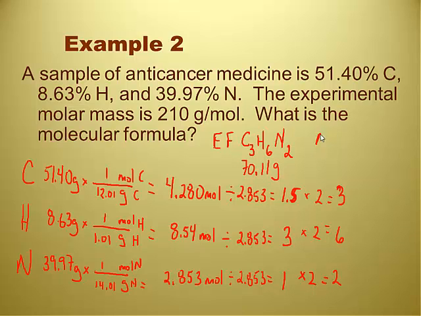Now, the me ratio, as you call it, should be 210, which is given in the problem, divided by 70.11. And I get 2.99529. That sounds like 3. So what this tells me is the molecular formula is 3 times heavier than the empirical.